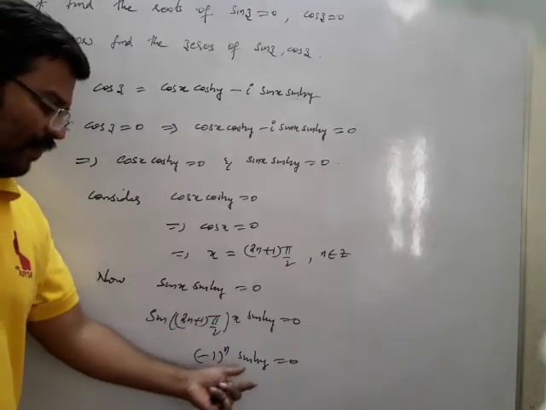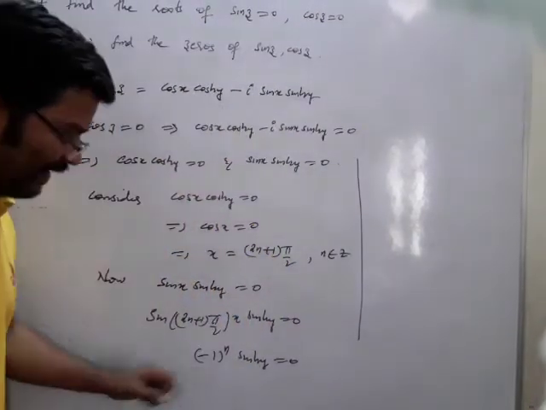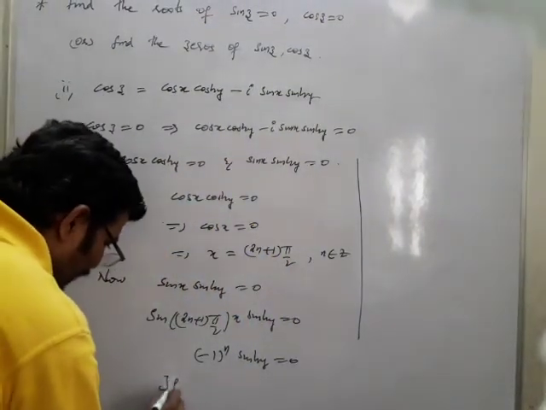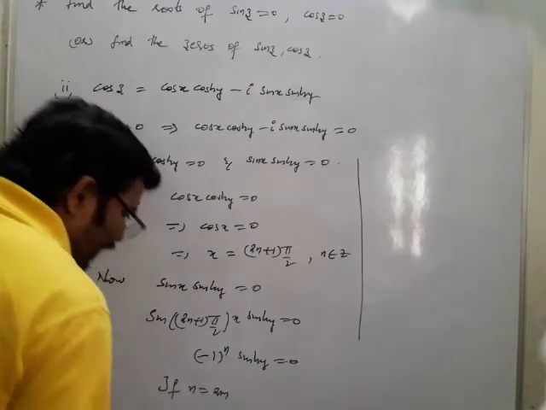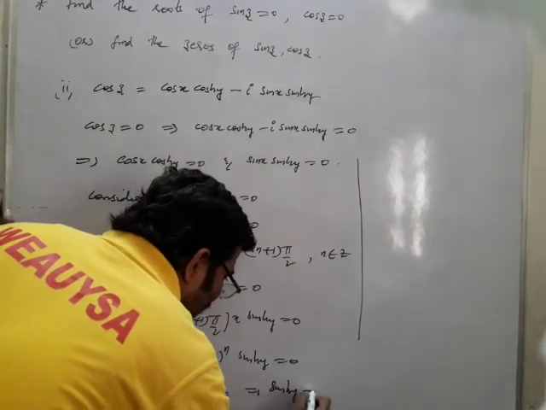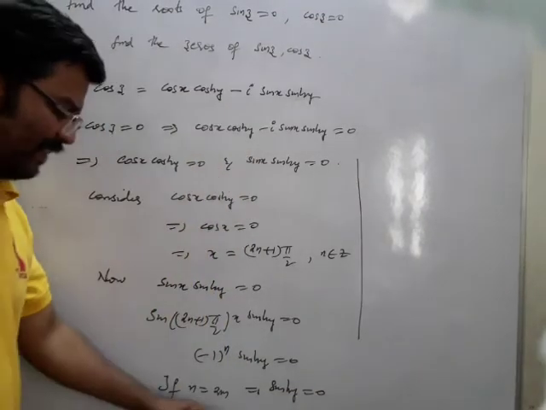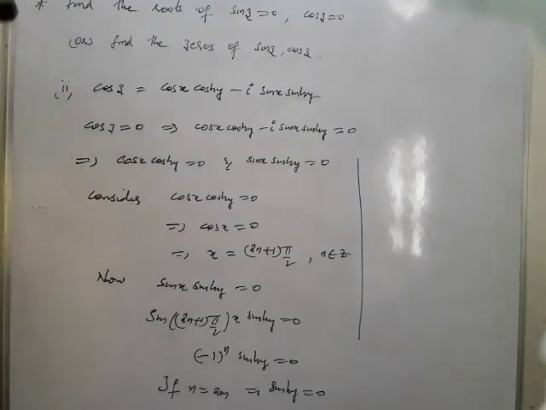So (-1)^n sinh y equal to 0. So if n equals 2m, you may get sinh y equal to 0. Therefore y is equal to 0. Sinh will be 0 if n is equal to 2m.